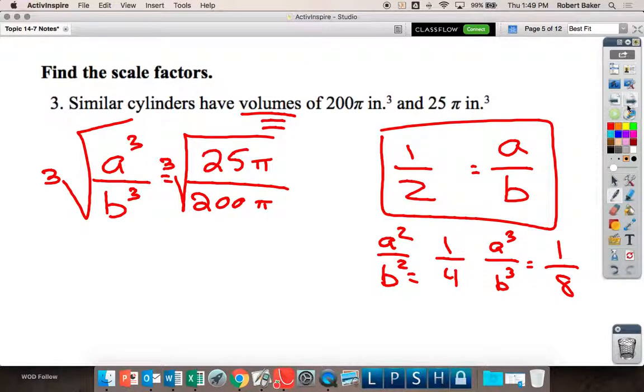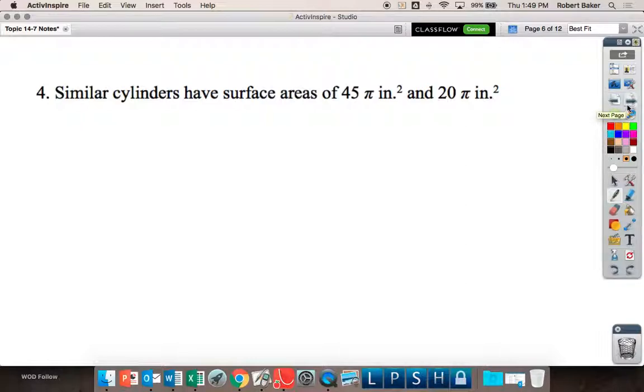So let's try it again. You have two cylinders that have surface areas of 45 pi and 20 pi. So what is the ratio that describes surface areas? A squared over B squared.